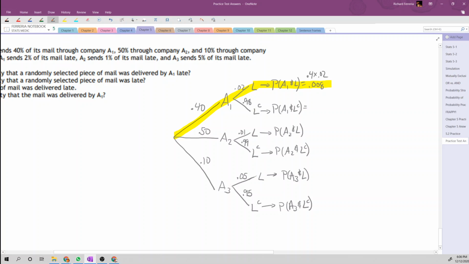The next one is A1 and not late. Let's do that in blue. We pass that 40% again, and then we make a right turn. So for A1 not late, we get 40% of 98%, which is 0.392. We're going to do the same thing for the rest of these branches. We'll do that really quick.